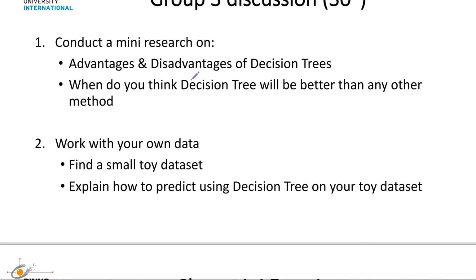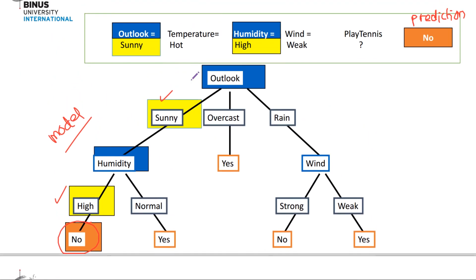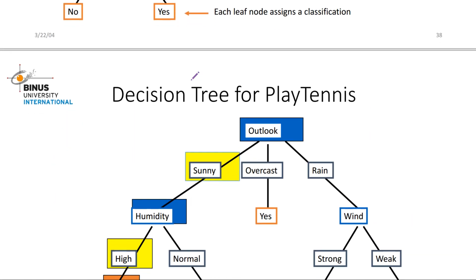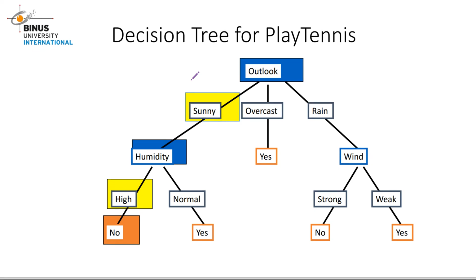One more explanation on why we use entropy. If we see, the entropy is like this, right? This is the equal value. This is the homogeneous value. Why do we choose the highest information gain?